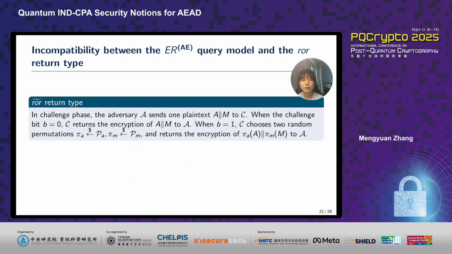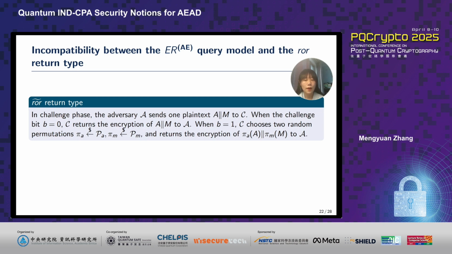So in response to this situation, we proposed a compromise solution, that is, adjust the real random to the tiled real random return type. Precisely, this approach considers the associated data input and message as two independent interfaces.